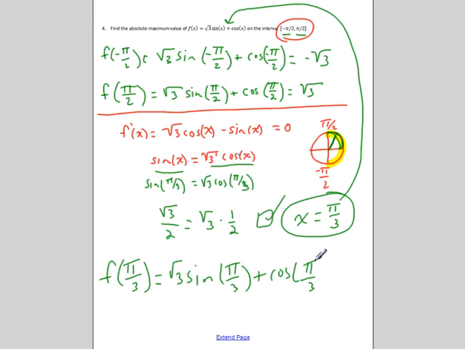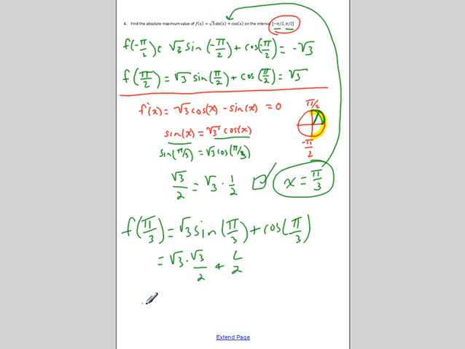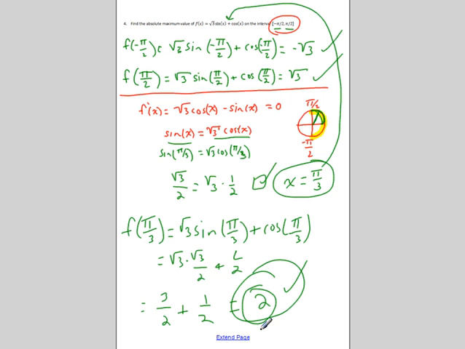And now we're familiar with these values. So we get root 3 times root 3 over 2 plus 1 over 2, and that simplifies to 3 over 2 plus 1 half, which is 4 over 2, or just 2. And this value is bigger than that value and bigger than that value, so this is my max.